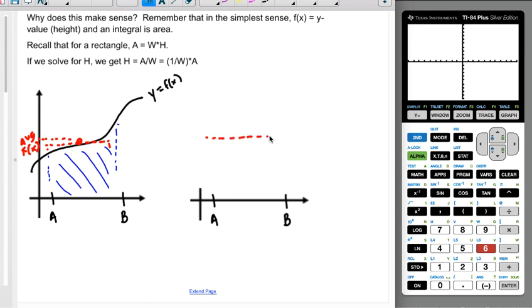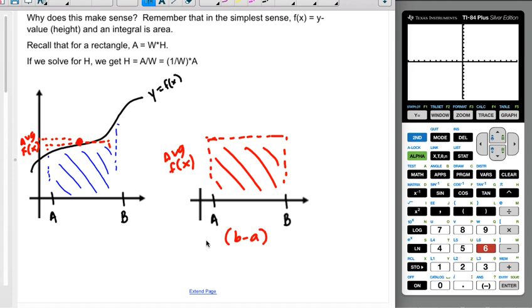So this red box has the same area as that blue curvy shape, right? So what we're saying is that this average height times this b minus a, which is the width, would give me this area, right?